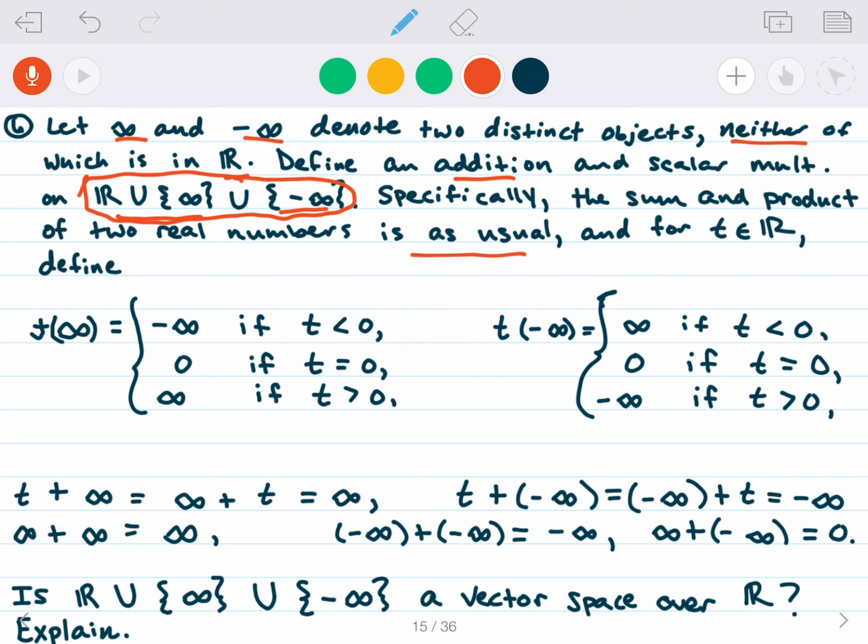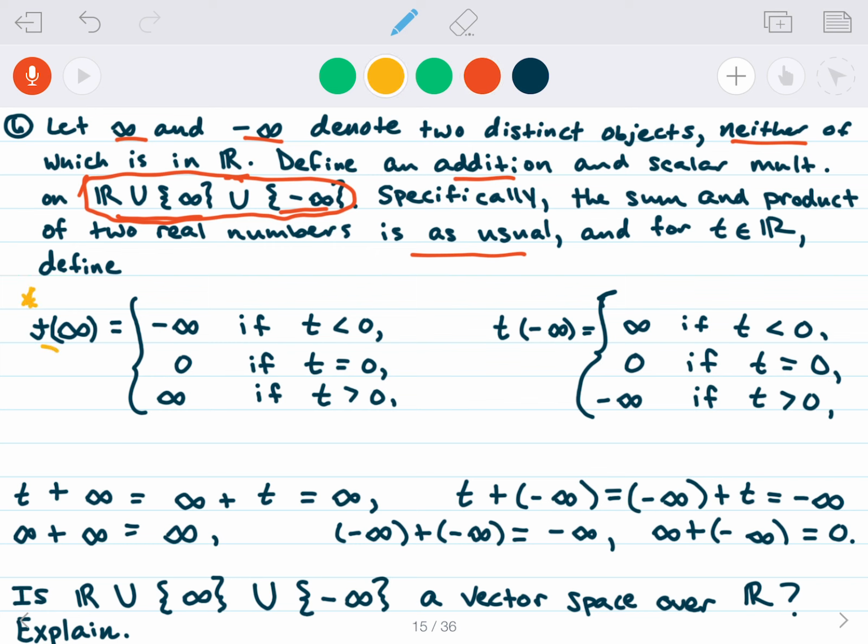And of course, any two real numbers, when you add them, is a real number. Scalar multiplication holds, all that stuff. But we need to define what it means for multiplication and addition with these new objects.